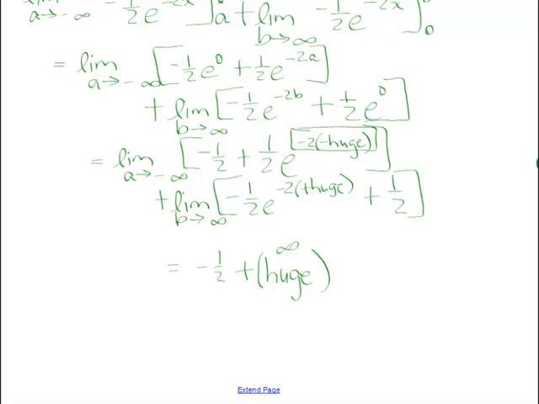Then we're going to add to that, technically subtract because this is a negative value, negative 1/2 e to the negative 2 huge, which is the same as 1 over e to the huge. That term is going to 0 when b is headed toward positive infinity. And then I have plus 1/2, just copying that down. This area diverges.